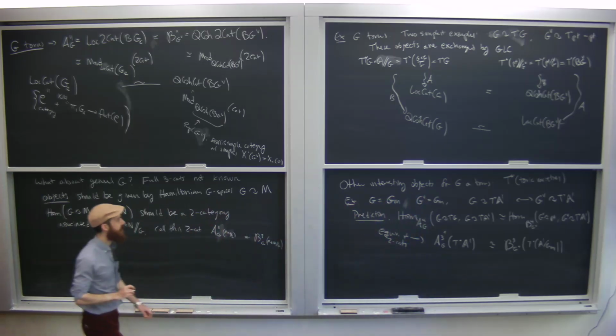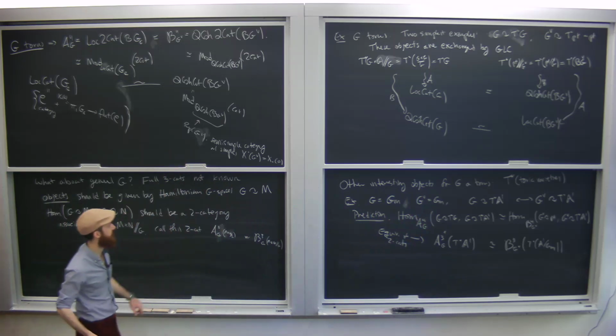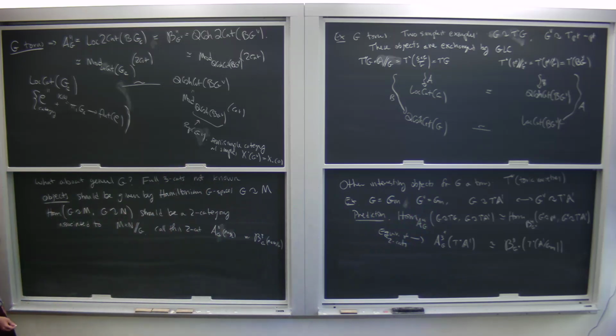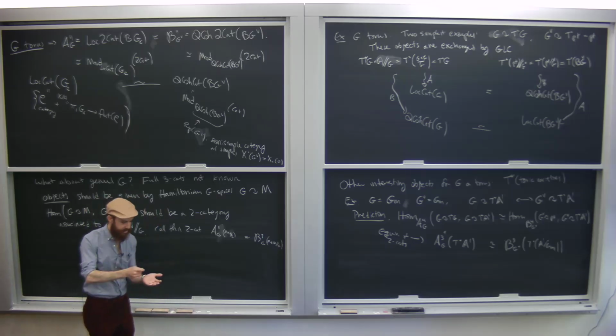So maybe this is a good place to say that now is the time in my talk when I'm going to expand beyond the two categories I was talking about before. Just to repeat what I said a second ago: if I have a space X and a fibration over X, then I get a local system over X by taking something associated to the fibers.